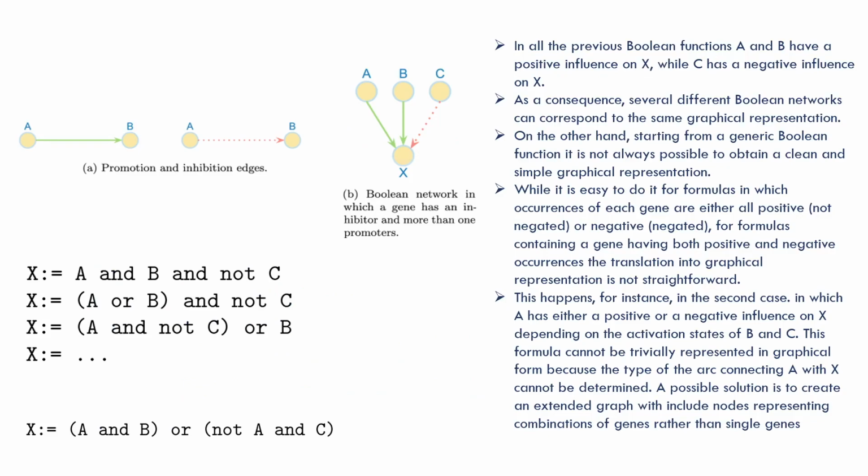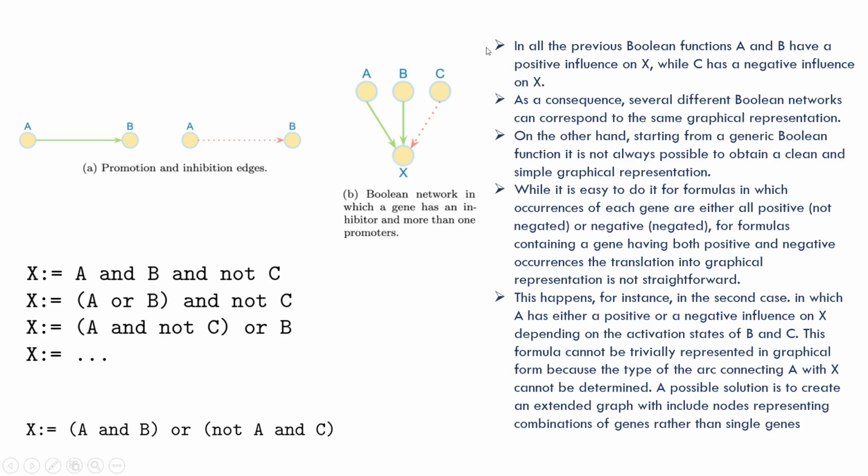Now, the representation of these Boolean relationships is done in this way. But one thing you notice is that this is redundant. For example, I am seeing this network A, B, and C: A and B are activating X, and C is inhibiting X. The first equation, A and B and not C, is a perfectly good explanation for this graph.